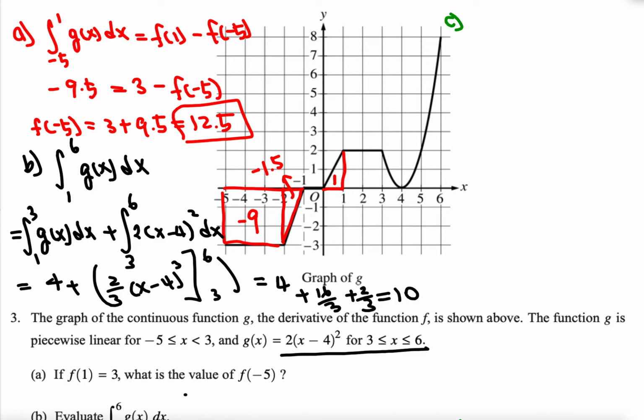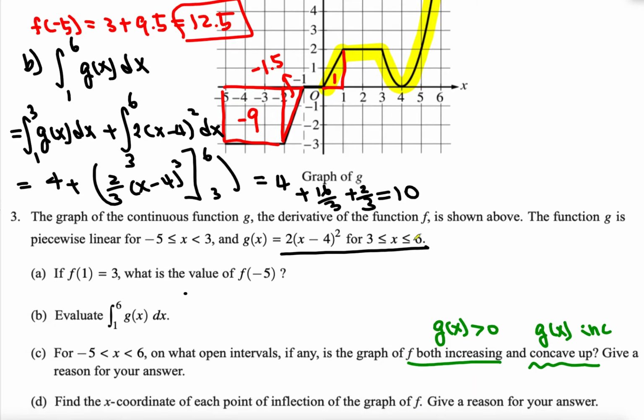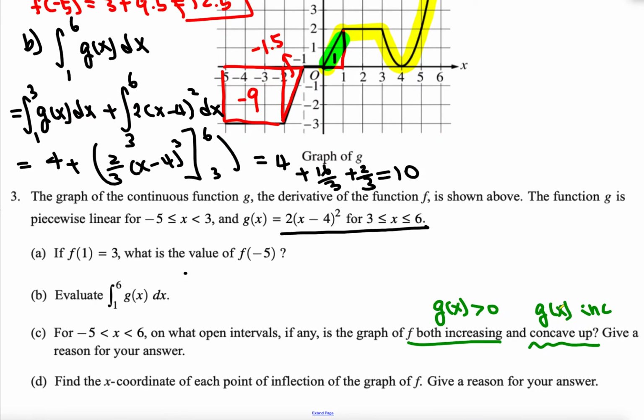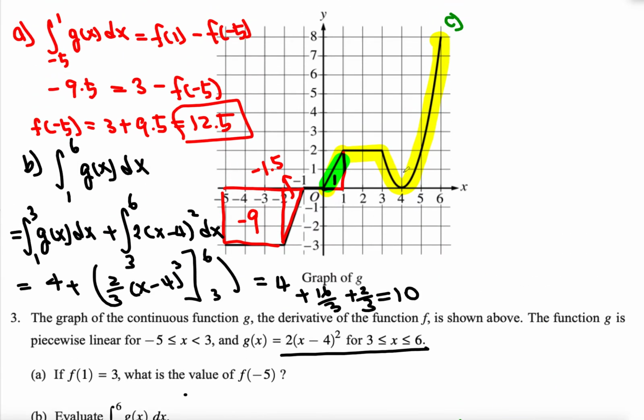I'm looking at this section right over here. But it has to be concave up, which means g of x is increasing, not decreasing. Right over here, it's increasing.